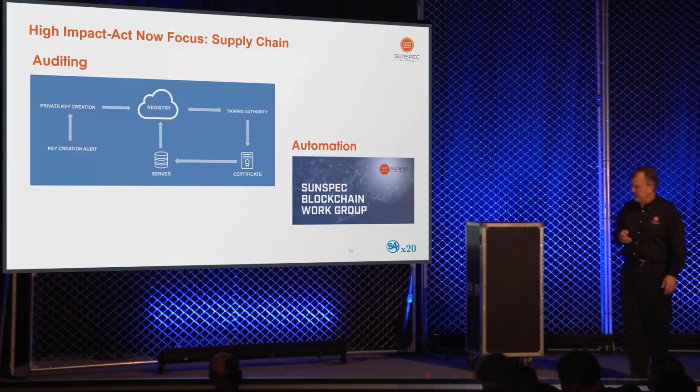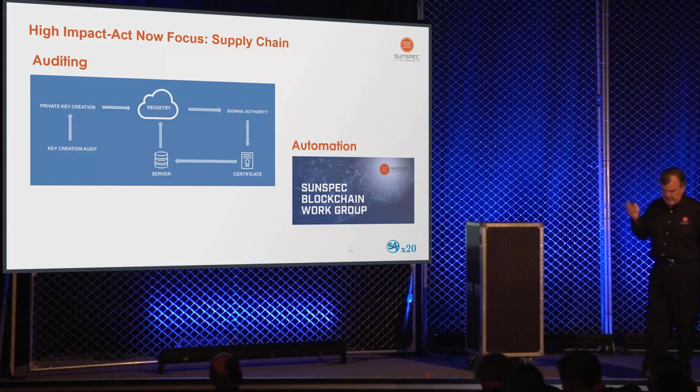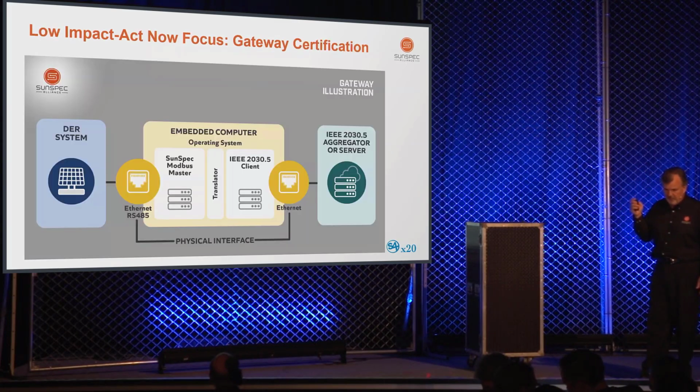I mean, everybody sort of converged on this at the same time and said, hey, the way that keys and certificates are passed around is highly variable. We need a scripted way to do that, so we need an auditing procedure right out of the get-go, and better yet, because there's so many devices out there, we're going to need to have a way to automate that. So if you're interested, check out the SunSpec Blockchain Working Group.